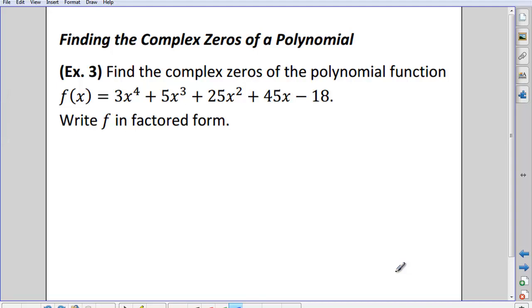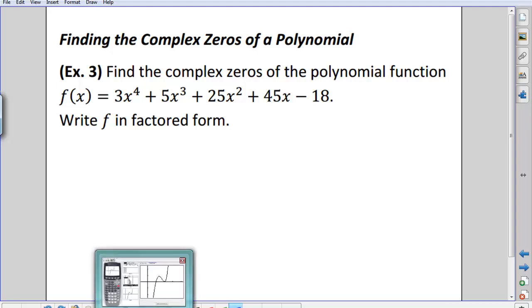Example 3, kind of diving right in here. Find the complex zeros of this polynomial function and write the function in factored form. We're going to use all the same tools that we looked at in the last section as far as finding zeros. One of the easiest things to do is just to start with a graph. Maybe just look and see what the graph looks like.